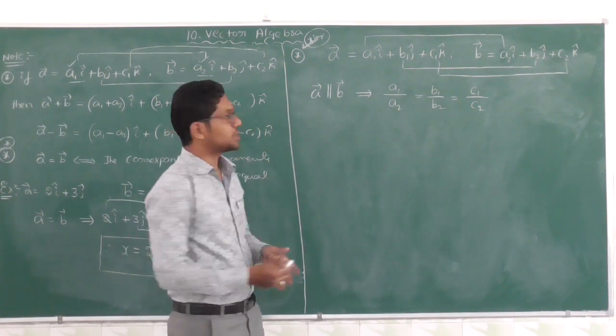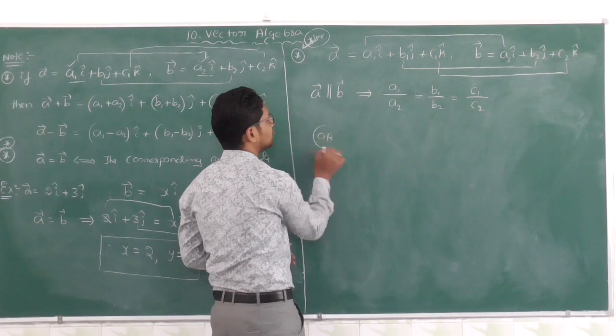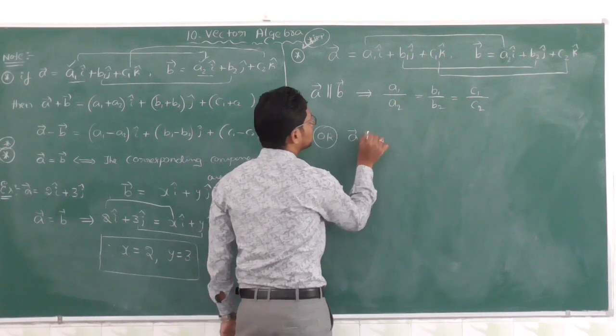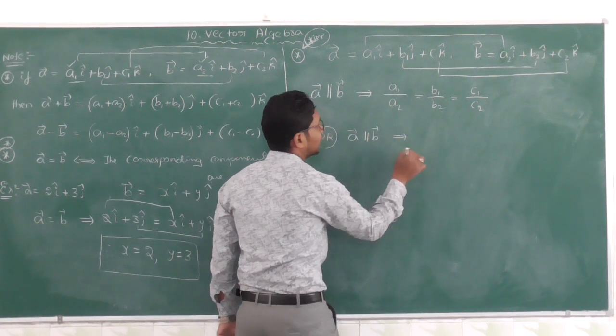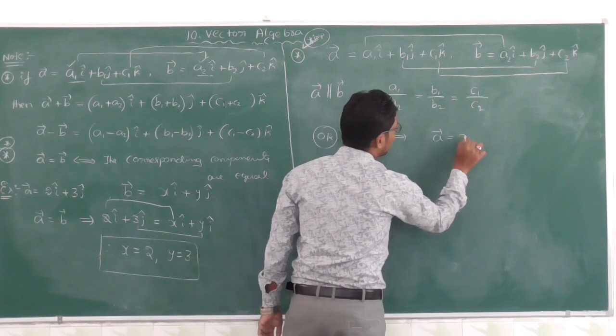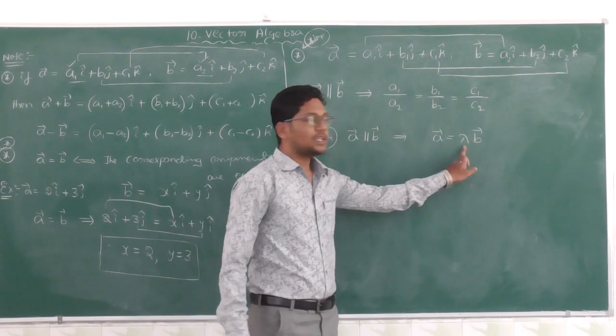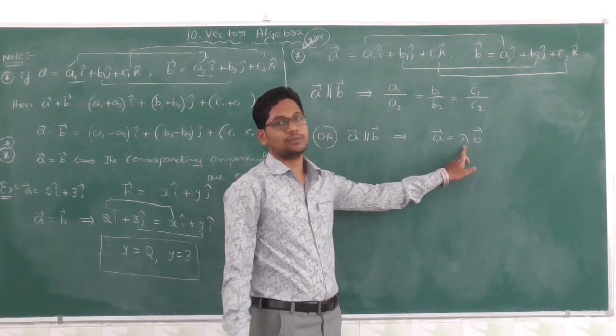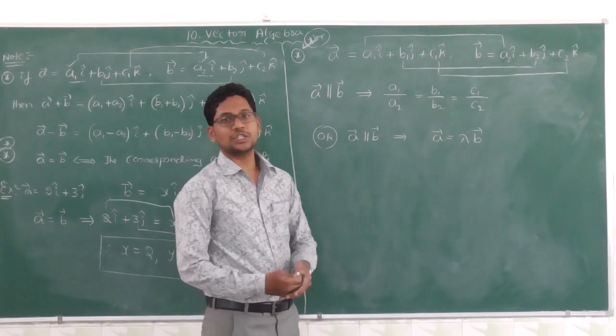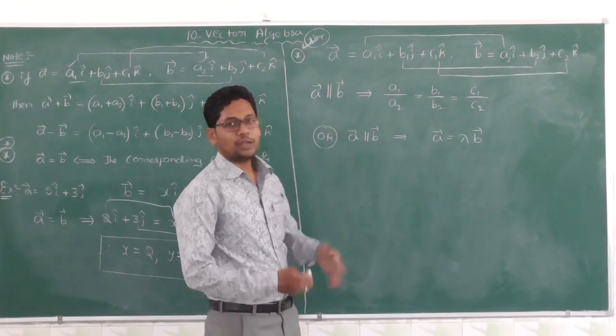We have one more condition. If A vector is parallel to B vector, then A vector equals lambda times B vector, where lambda is a scalar or real number. We have two conditions for parallel vectors.